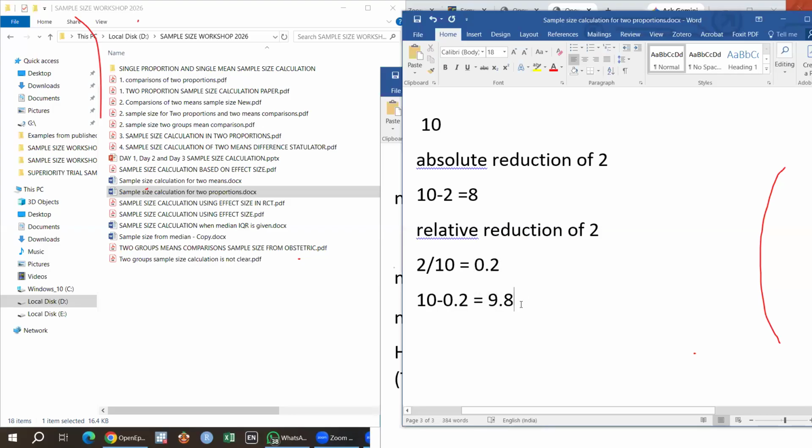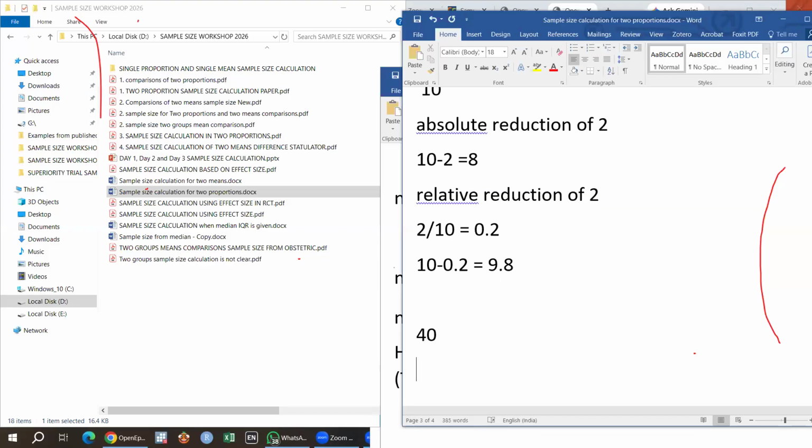Okay. Again, take any example. Suppose the answer is, for example, 40. Now, the absolute reduction is, suppose, 10.